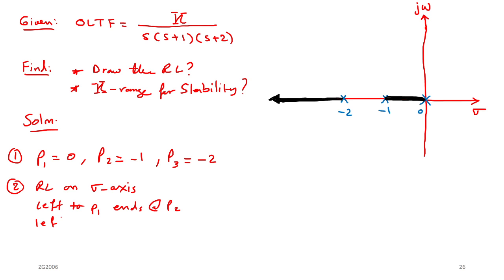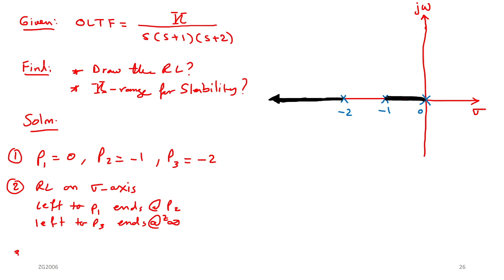Left to P3 ends at, do we have a pole here or zero? No, so it ends at zero at infinity. If there is no zero or pole, we call it zero at infinity. I'm going to talk about it later, inshallah.